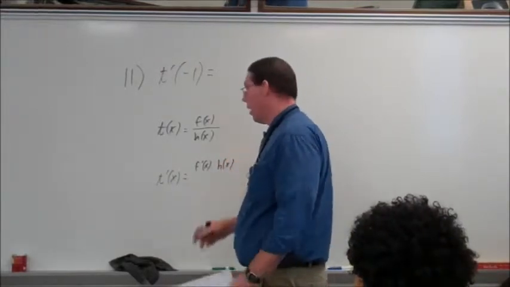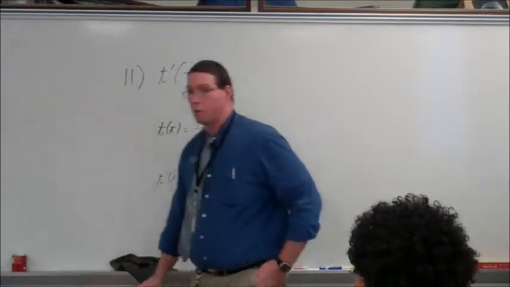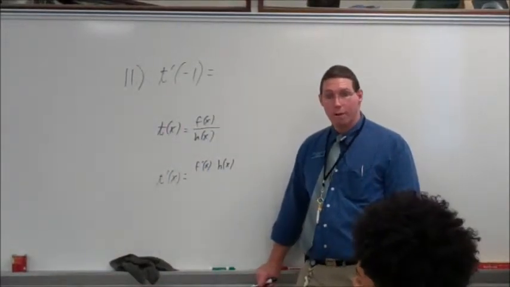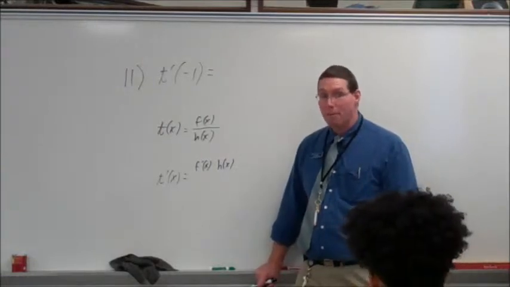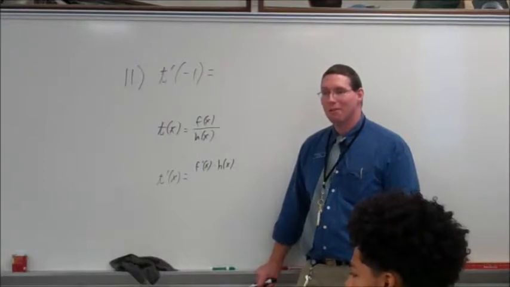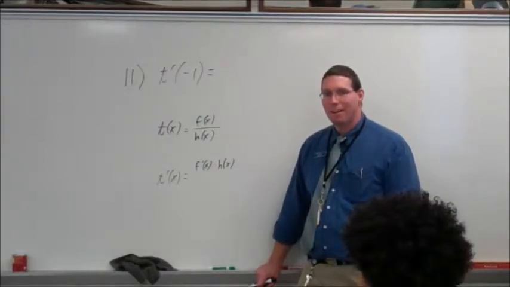Okay, now listen. A lot of people are still messing up the quotient rule. I would say half of my students. Do you know what they're doing for the quotient rule? They just take the derivative of the top divided by the derivative of the bottom.